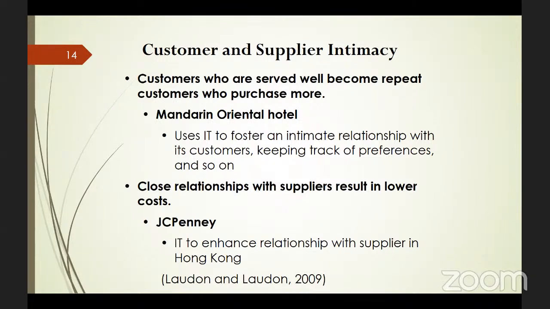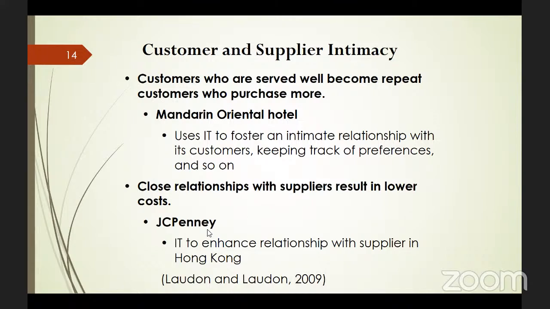You go to the Mandarin Oriental, and they record everything that you prefer. What kind of chocolate, what kind of pillow, a down pillow or a cotton pillow, how much thread count. They record all of those things, so that every time you come back, they are able to treat you exactly as you already indicated.